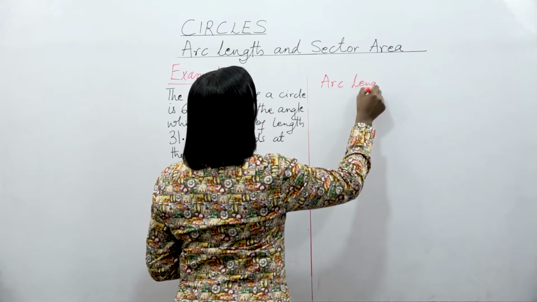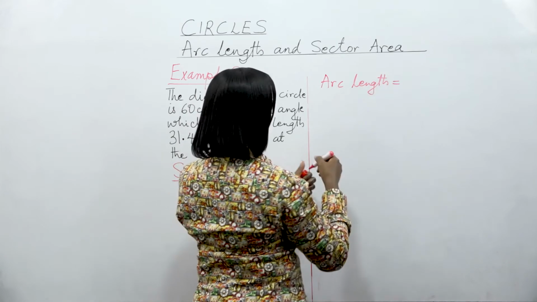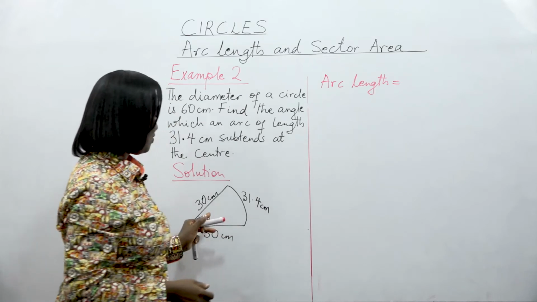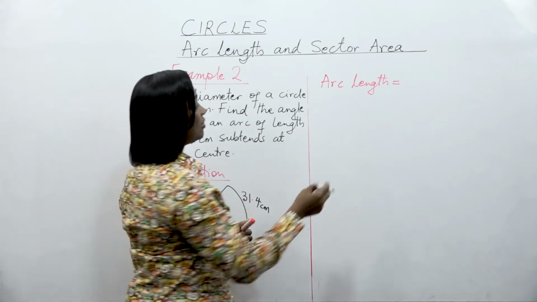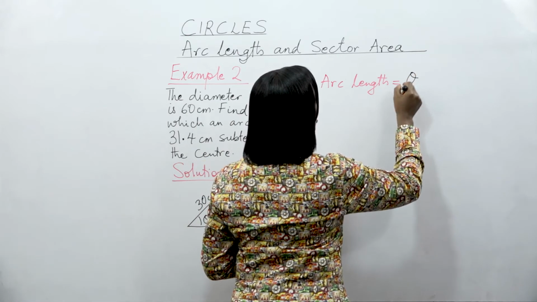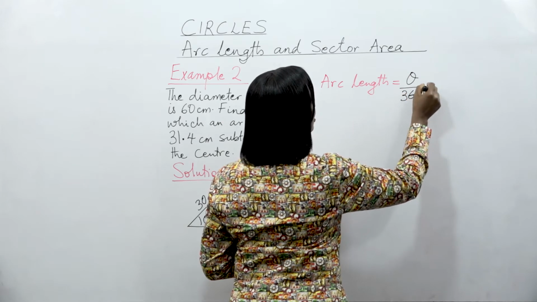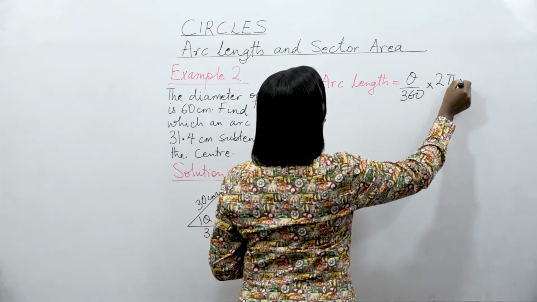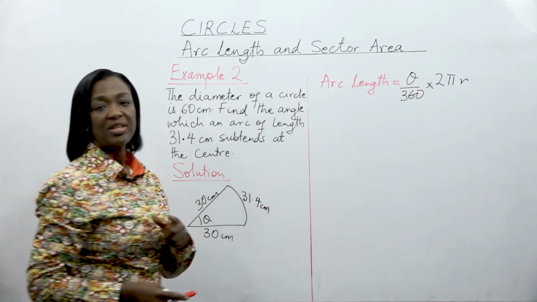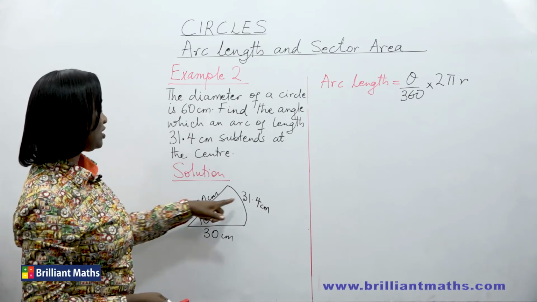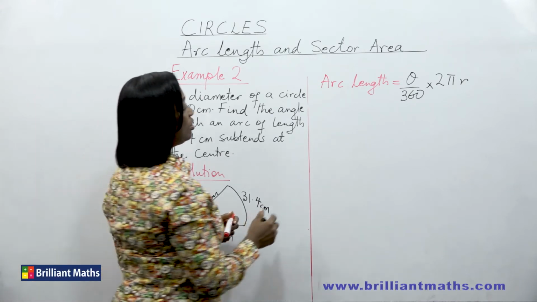Arc length is equal to theta over 360 times 2 pi r. But this time we have the arc length, which is 31.4.